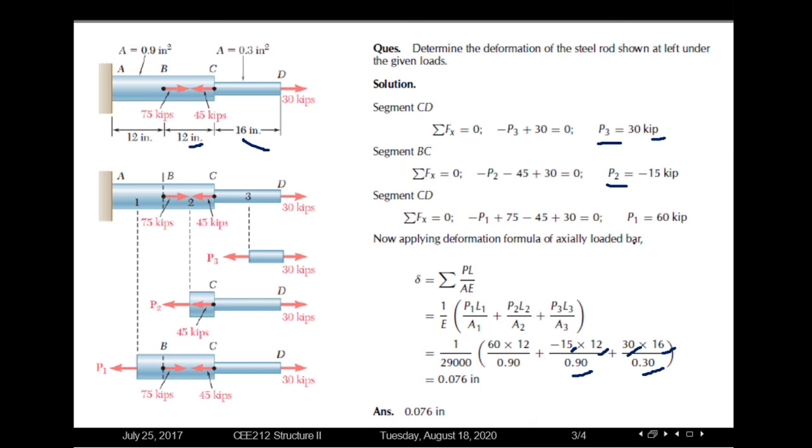And similarly for the third segment, which is the AB segment, the length of the AB segment is 12 inch, so plugging in the length here, the net combined force acting on this AB segment is 60 kip, plugging in the load and the cross-sectional area as well. Summing all the deformations in each of the segments, we will get the total deformation as 0.076 inch.